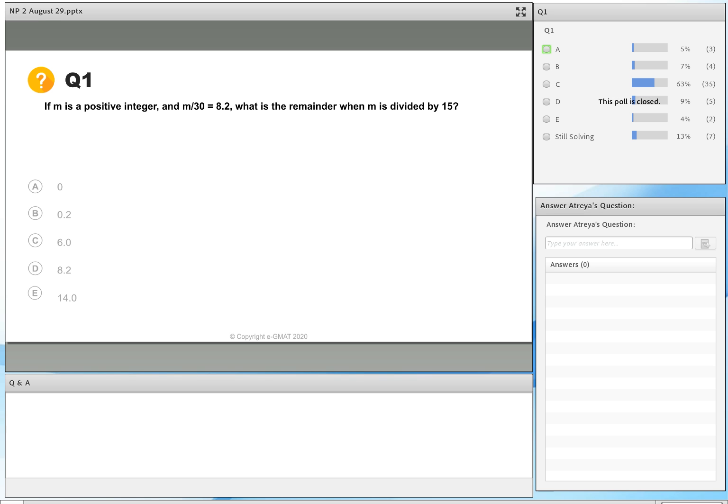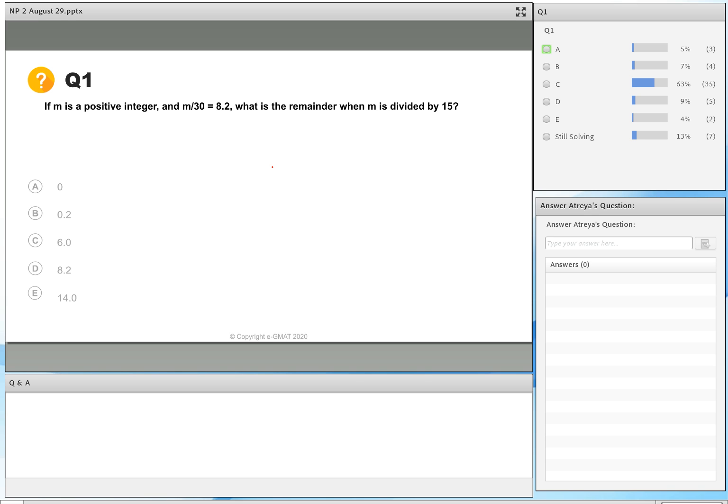Okay, 63% of you tell me that the answer choice for this question is choice C, and the other choices are fairly varied. All right, that is fine.